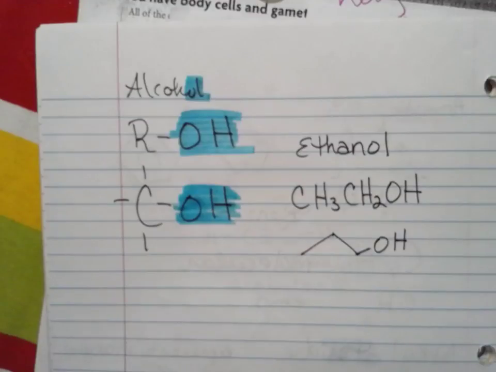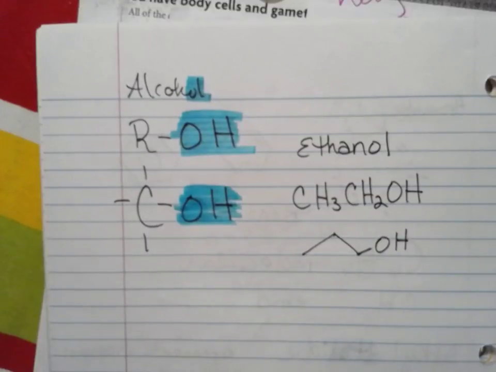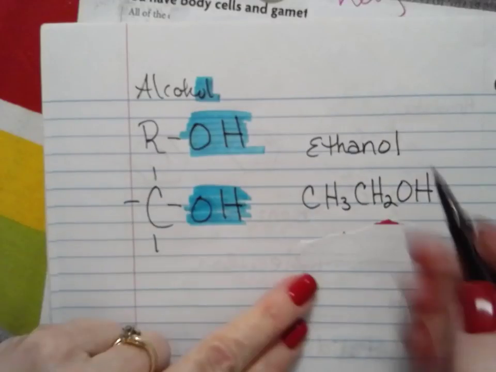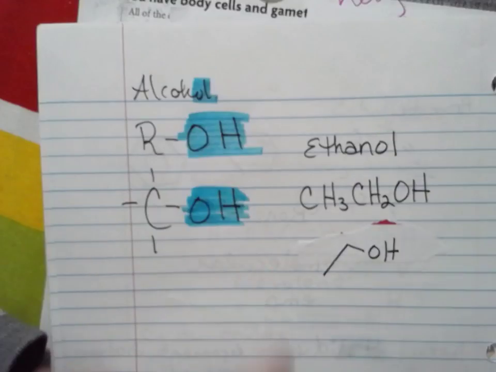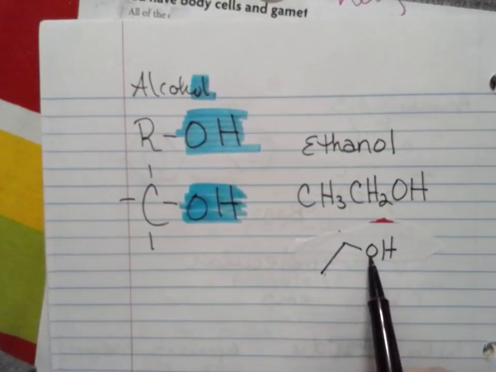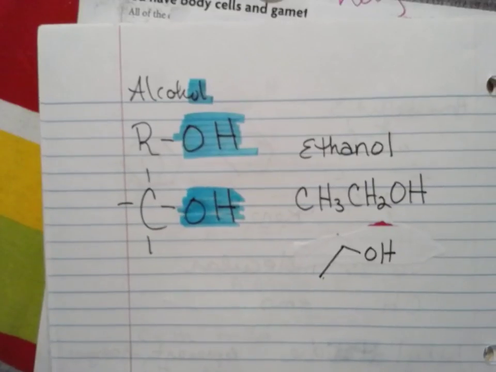wait a minute, I gave you propanol line structure. Give me a minute. Sorry, made a mistake. Okay, here's our line structure. 2 carbons and our OH, our alcohol group.